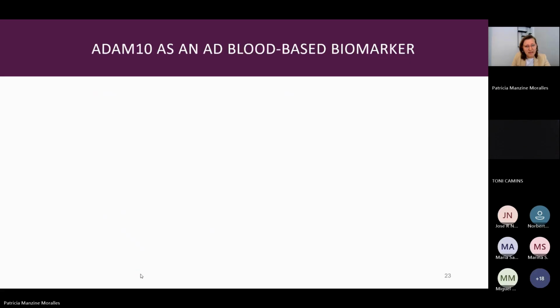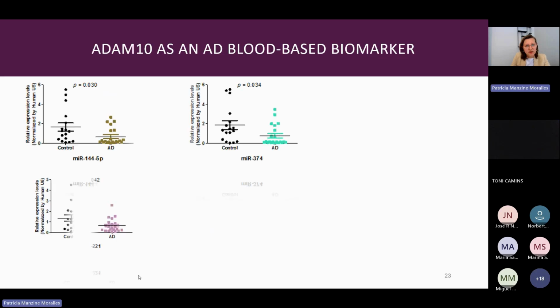We found these three most specific ones, 144, 374, and 221, that were downregulated in the Alzheimer's disease group with significant results.